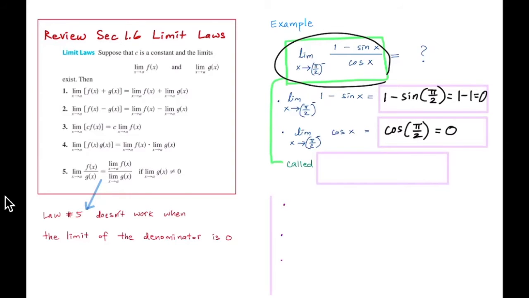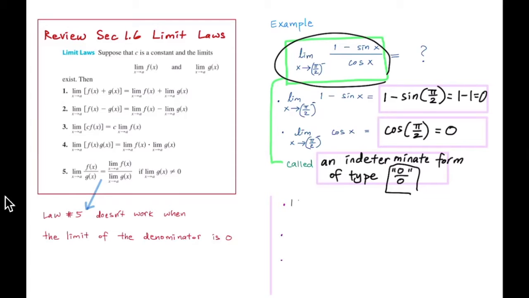A situation like this is called an indeterminate form of type 0 over 0. It's called indeterminate because 0 over 0 does not make sense. This is just a symbol that we use to help us know what situation we're in. So here are some possibilities.